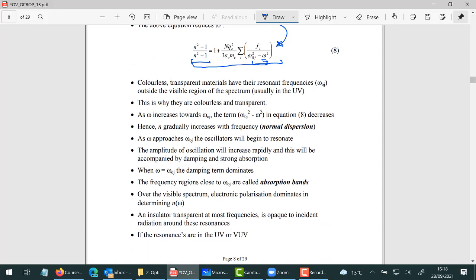As we get towards the resonance frequency, the damping term is going to dominate, and the omega minus omega naught term here is going to be very small compared to the damping term. We refer to those regions as absorption bands. These are regions where there is strong absorption. As I say, for insulators, that's mostly in the UV or the vacuum UV, the VUV.